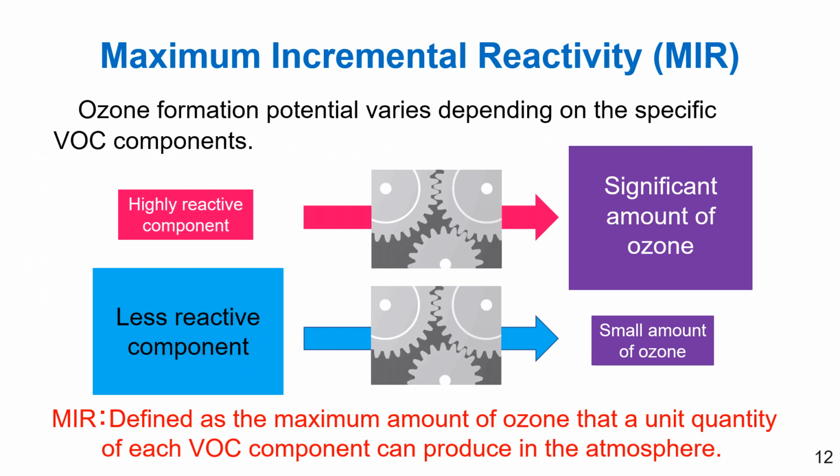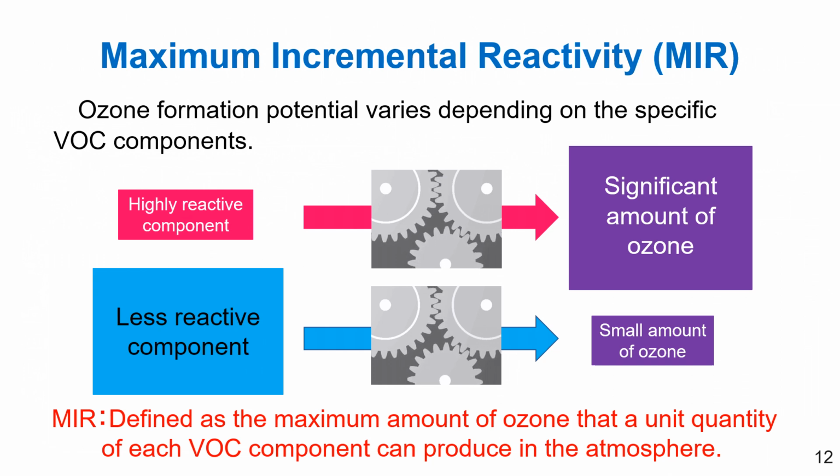MIR is defined as the maximum amount of ozone that a unit quantity of each VOC component can produce in the atmosphere. Ozone formation potential was assessed by multiplying this MIR by the concentration of each VOC component.